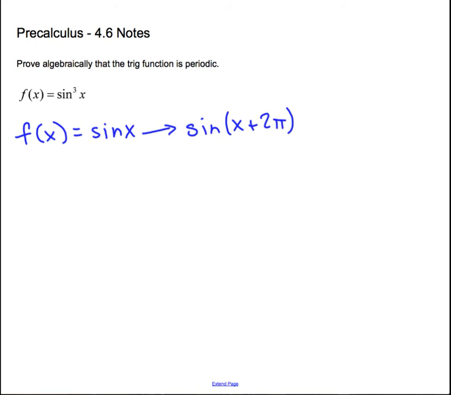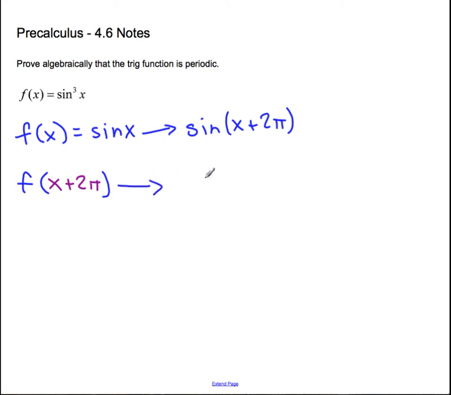But what we're going to do is now look at it being cubed. Hey, cubed is different, right? Well, make your substitution. So substitute in x plus 2 pi. And when we do this, we want to look at, do we get the same things? Sometimes you don't get the same things.